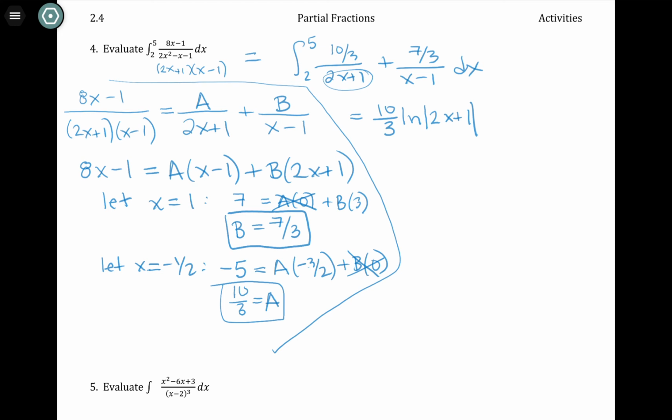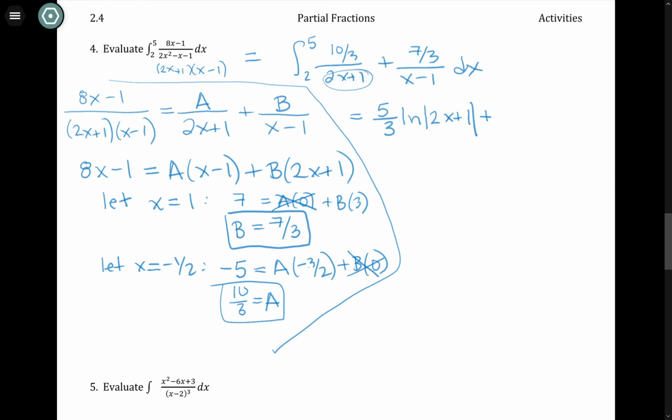But I need to be careful because if I tried to work backwards here and take the derivative, I would have a chain rule that would pop out an extra factor of 2. So I would get 10/3 times 1 over 2x plus 1, but then that would be multiplied by 2, which means here I need to make sure I've divided by 2 so that once I multiply it back in, I get my 10/3. So watch for chain rules.